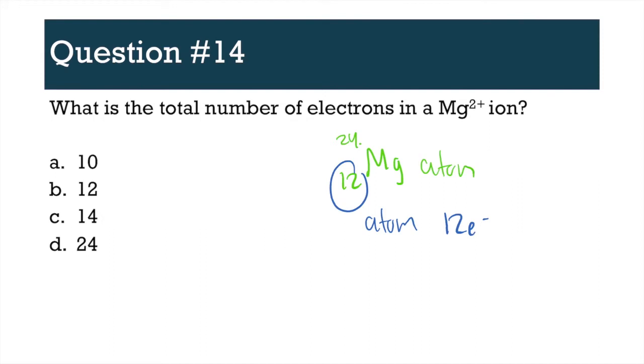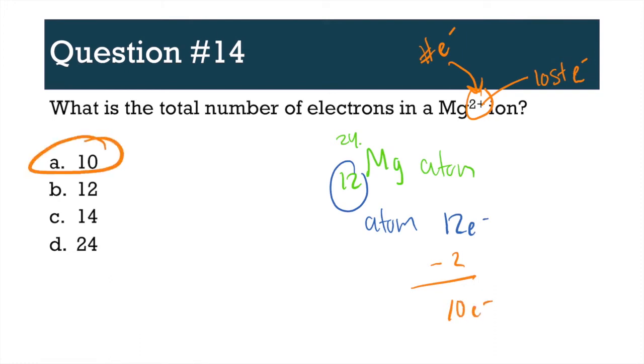Remember, protons equals electrons in an atom. But this 2 plus thing means something happened to the electrons. So if you're positive, if you have a positive sign, that means you lost electrons. And that number tells you the number of electrons. So if you're losing 2 electrons, 12 minus 2 gives you 10.